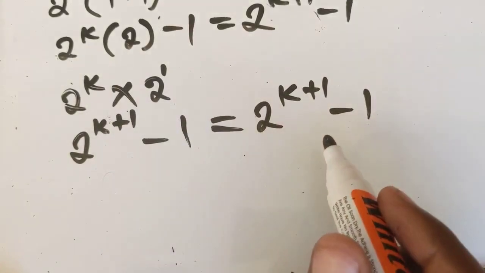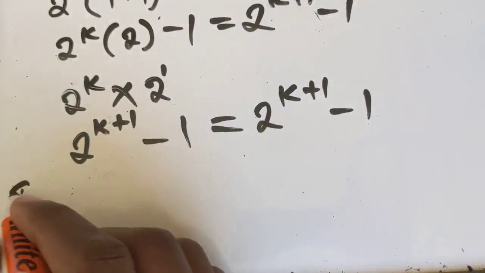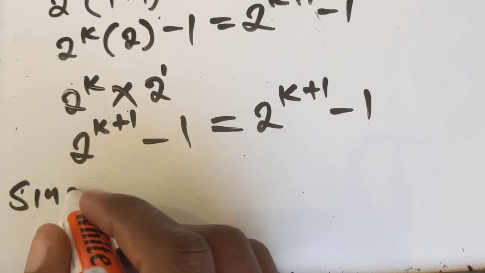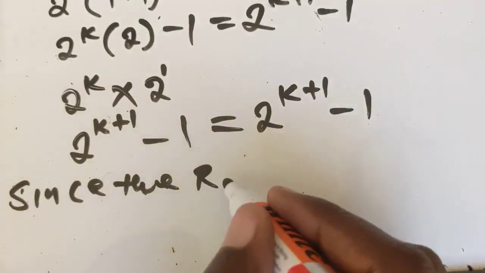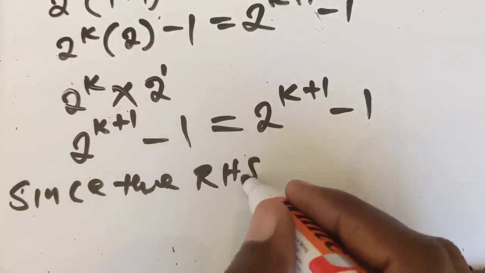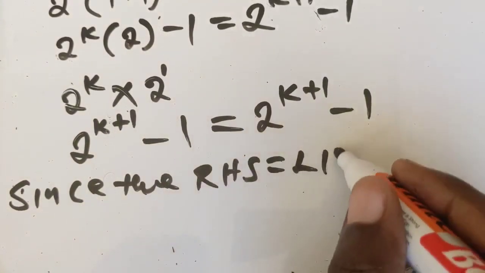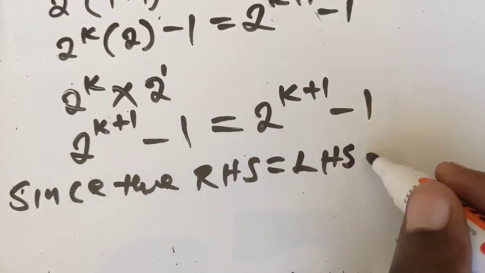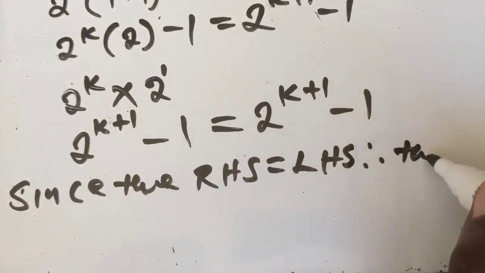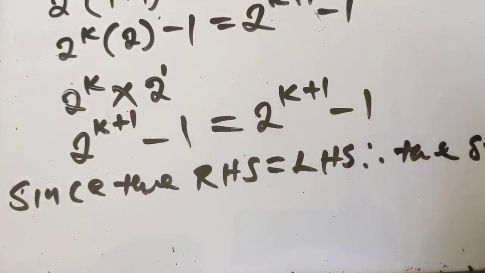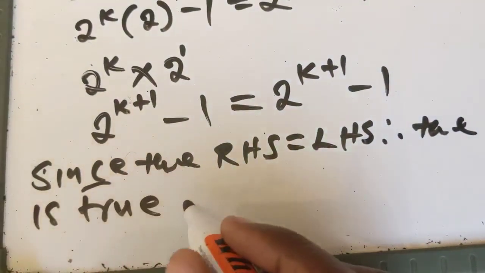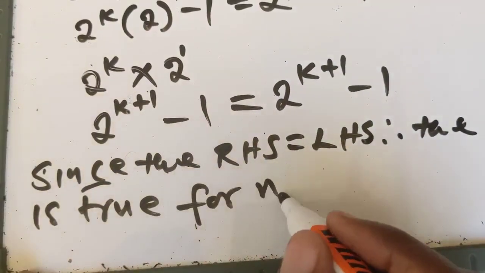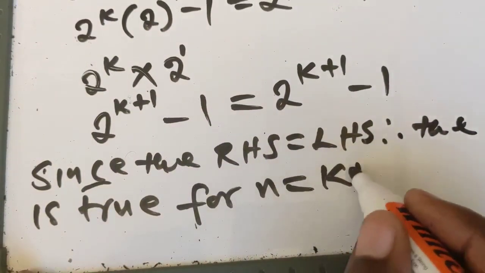So the way you conclude, you just say, since the right hand side is equal to the left hand side, therefore the statement is true for n equals k plus 1.